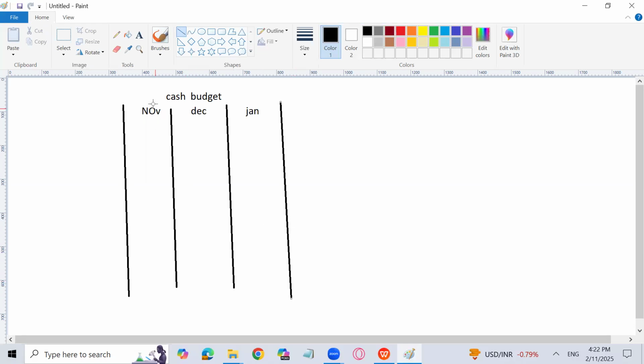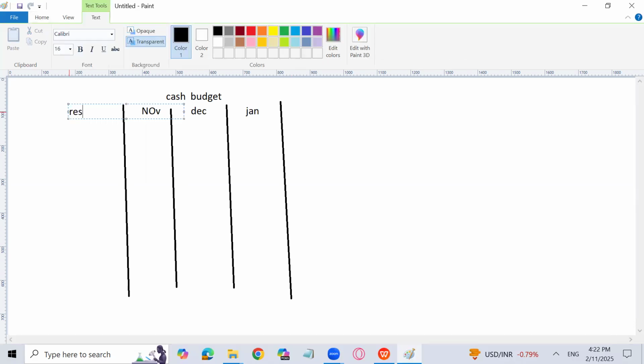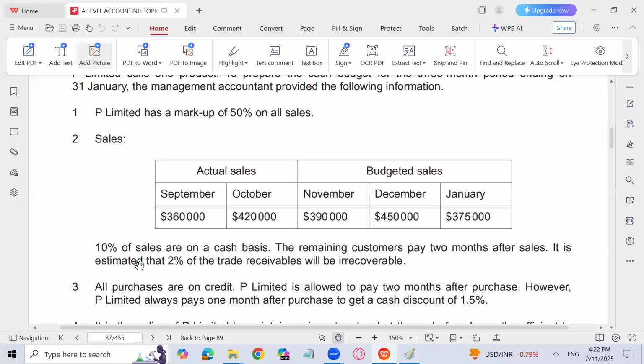First of all, we need to write the receipts, the receipts that you are getting. First from cash sales. It is given in the question that 10% of the sales are on cash basis. So November sales 3,90,000, 10% are cash sales.